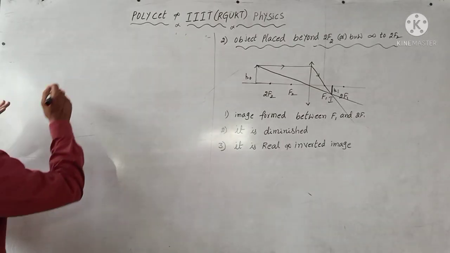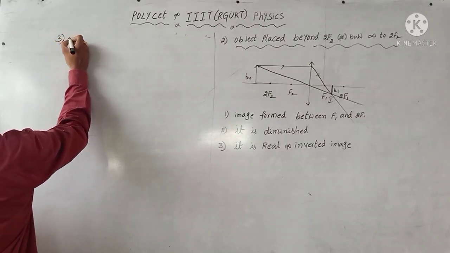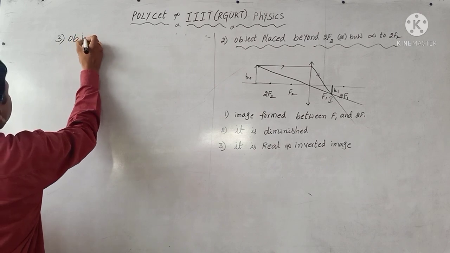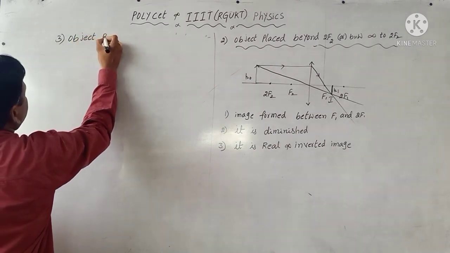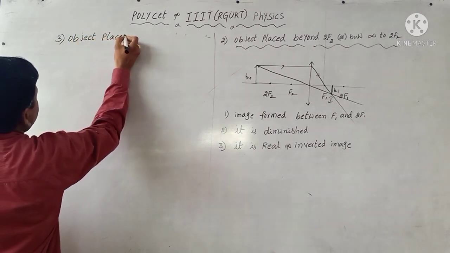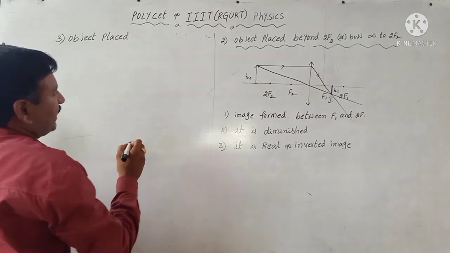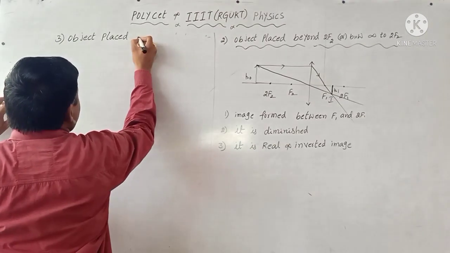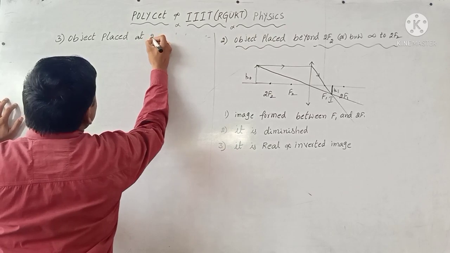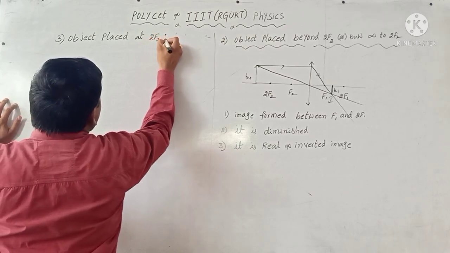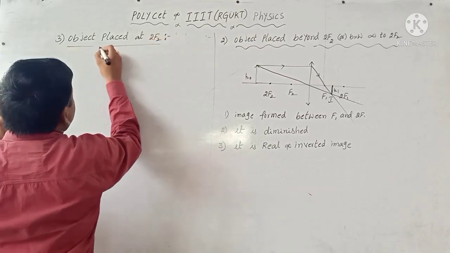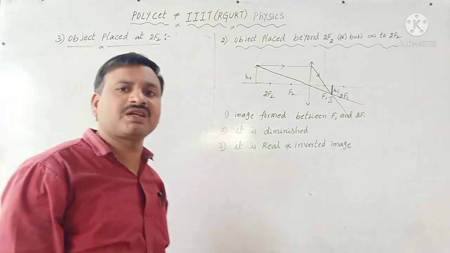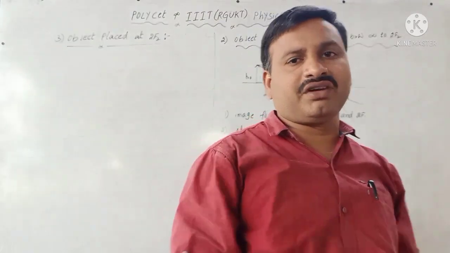What does the third situation say? Object placed at 2f2, or object placed at the center of curvature.